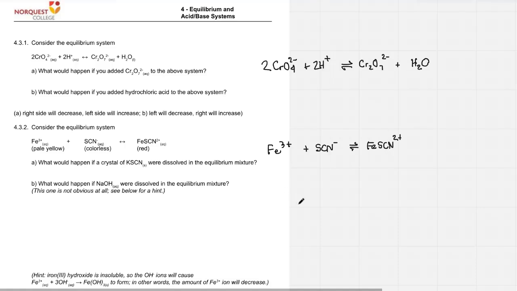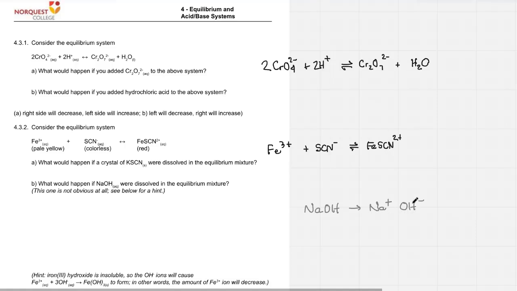So the thought process is: NaOH. First of all, that's not a product or a reactant in our equation, so we need to think a little deeper. If this dissolves in water, we get sodium ions and hydroxide ions. Those aren't in the reaction either, so we have to think a little deeper apparently.